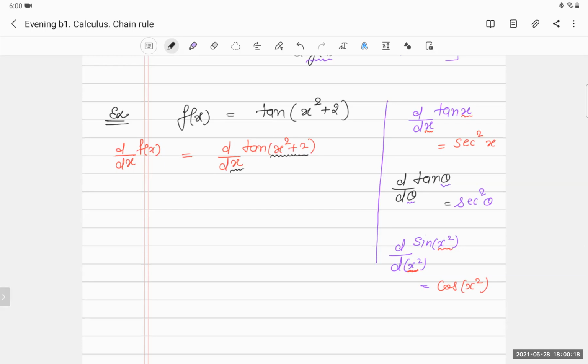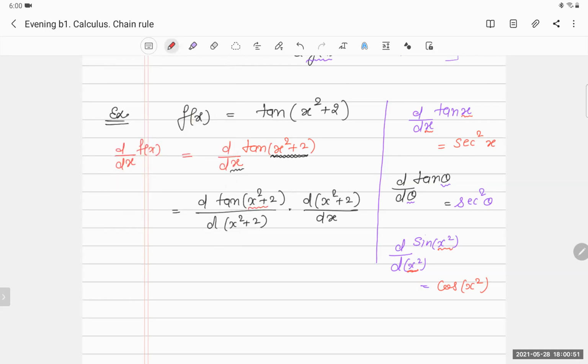Now what we will do, we will make it identical. How did I do it? I wrote d tan of x square plus 2 upon d of x square plus 2, into d of x square plus 2 upon dx. Whatever complicated thing was there, I wrote it up and down, so the equation is balanced. I don't have to worry about it. Now tell me.